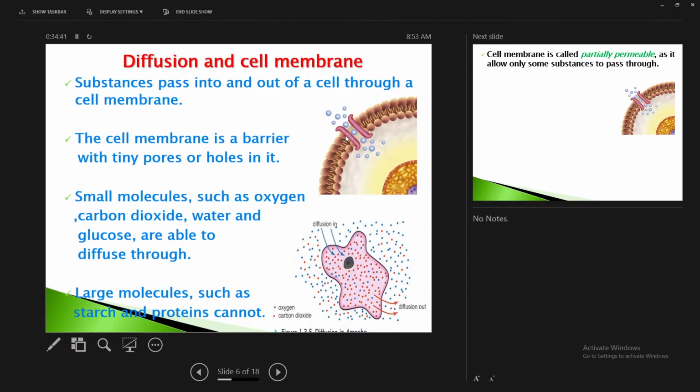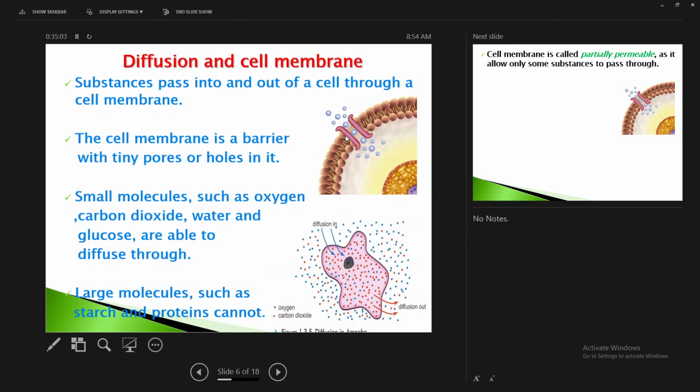Outside of the cell, where you have a lot of oxygen, is the place of high concentration for the oxygen. Inside of the cell, where there is a small amount of oxygen, is the place of low concentration for the oxygen.